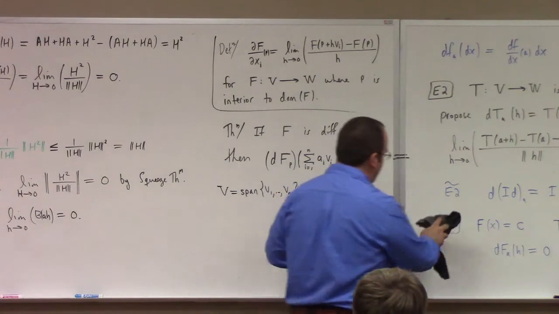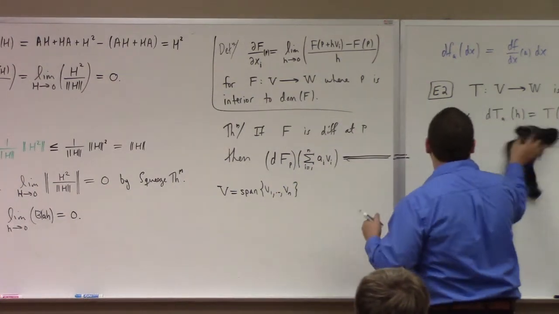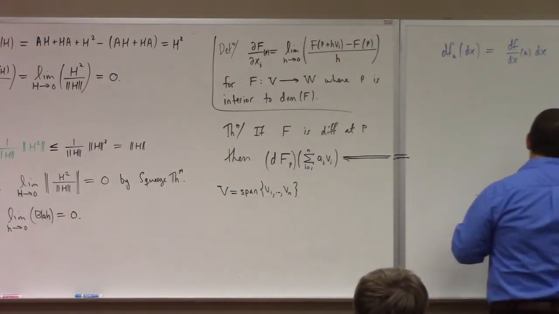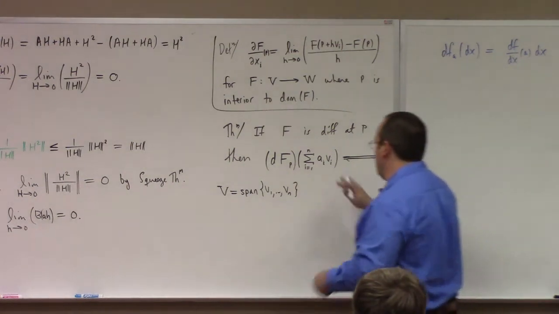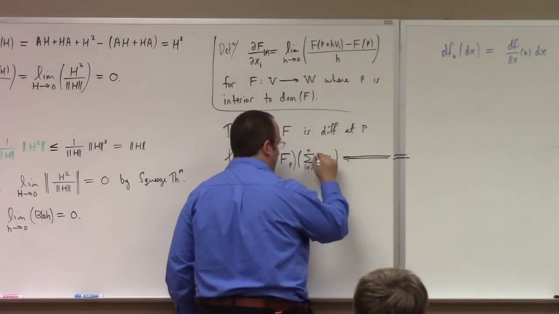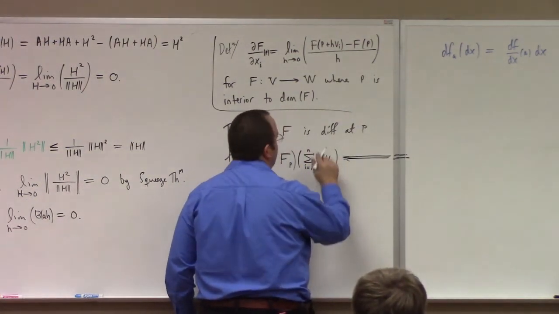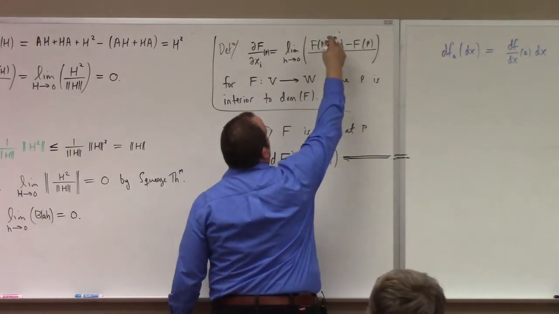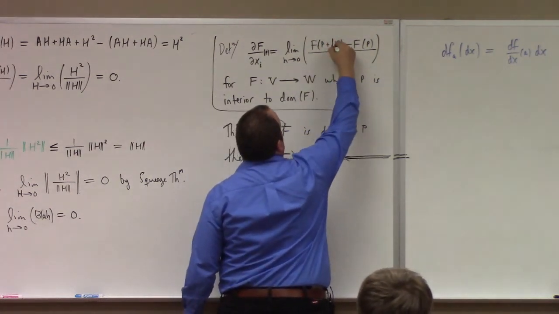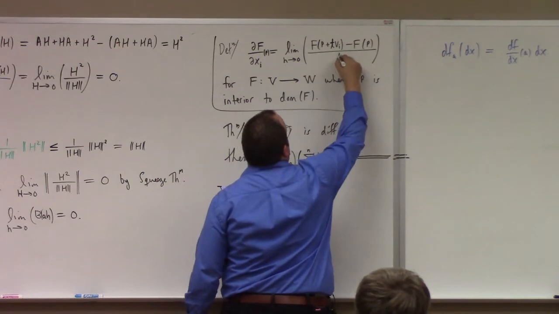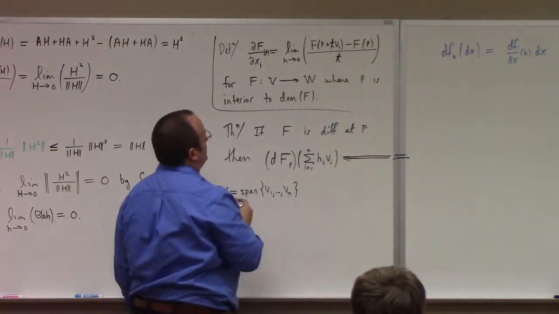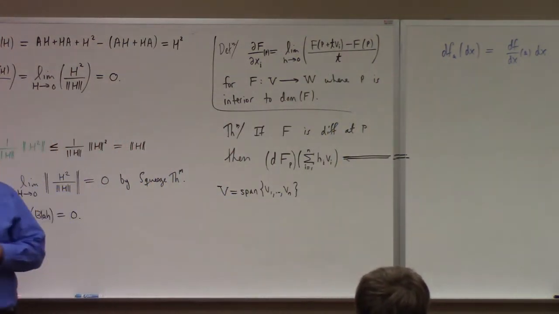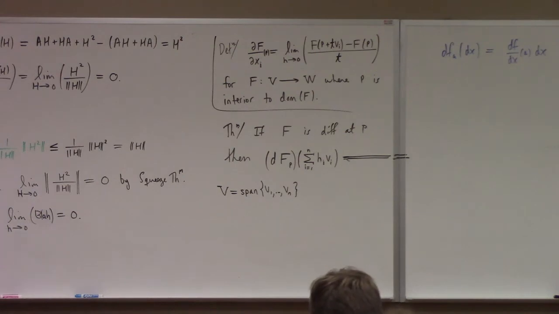Okay, I'm just going to use h. That'll be better. This is why I was talking about putting a t here to avoid this conversation, because that has a different meaning. I'm using h as a vector in the Fréchet limit.